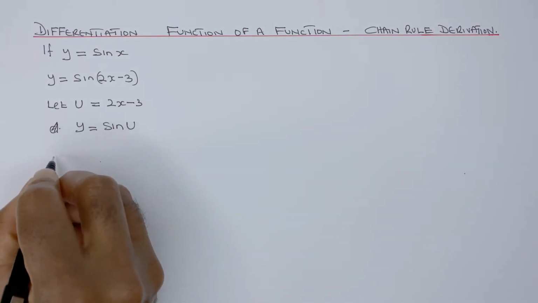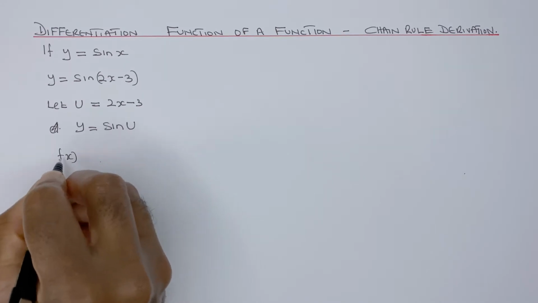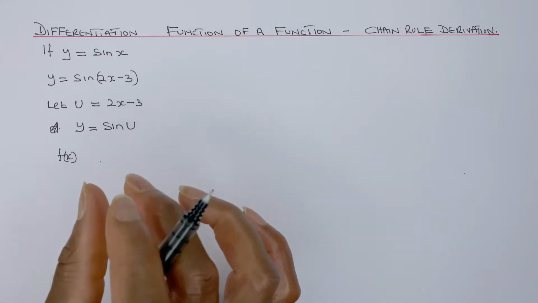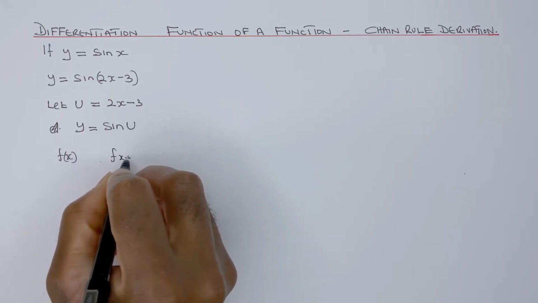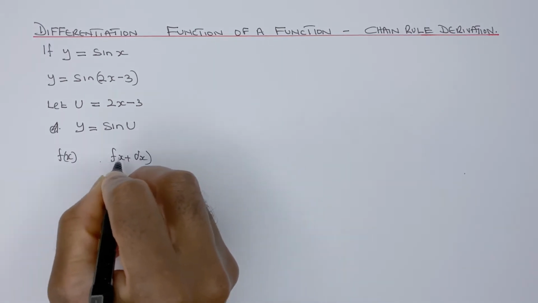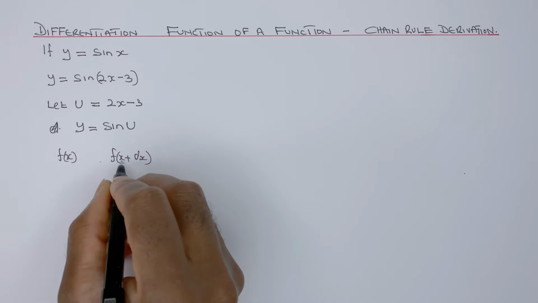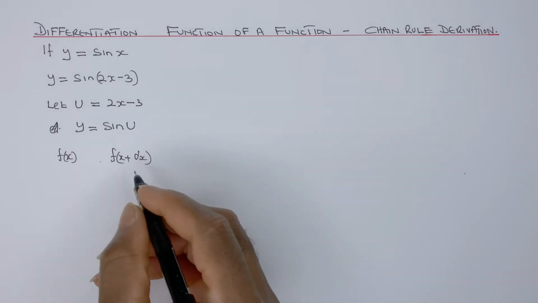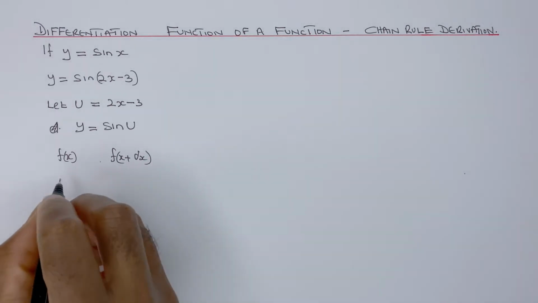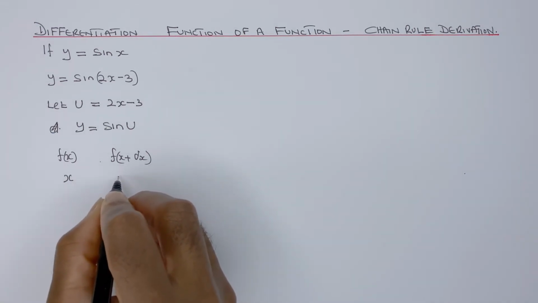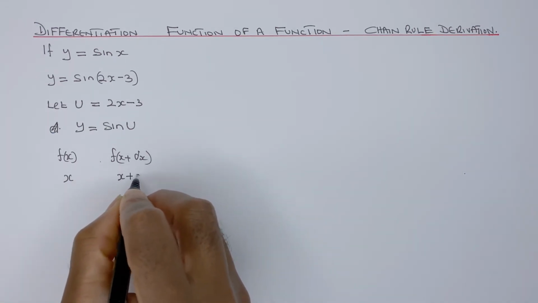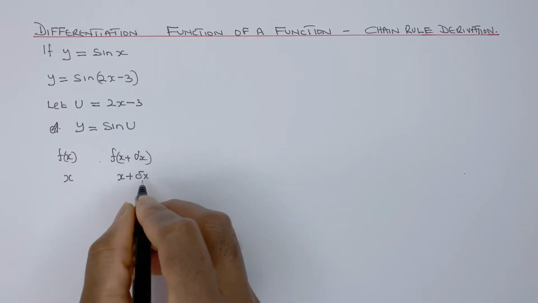If we have a function, say we have f(x), and then we change it by a little bit, and then we get f(x plus delta x), or you might say x plus h. That's what people do these days. So if this is x, this will be x plus delta x, or x plus h.